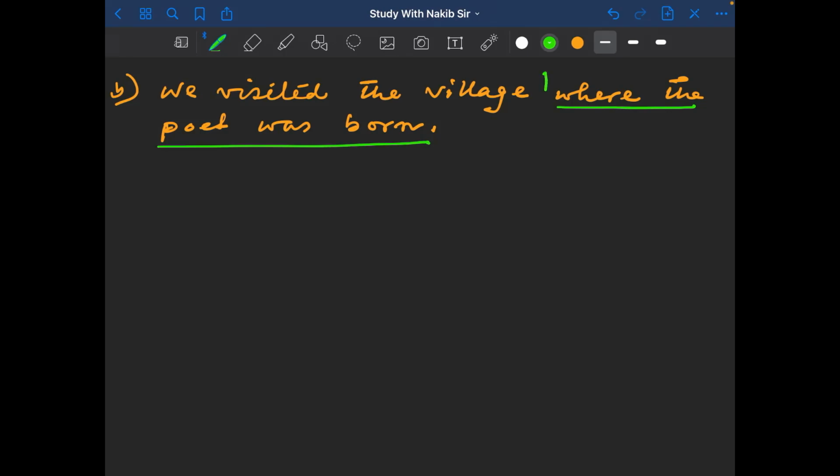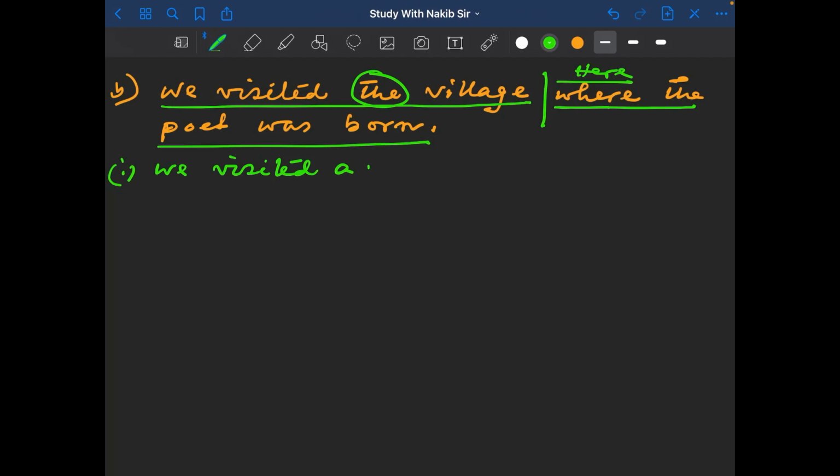So break the sentence here. So in place of where, write here. Okay, so you will get this part. We visited the village. Here the poet was born. So write the answer. We visited the place. In place of the, use a village.